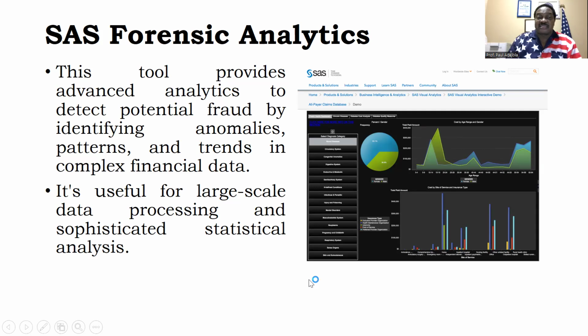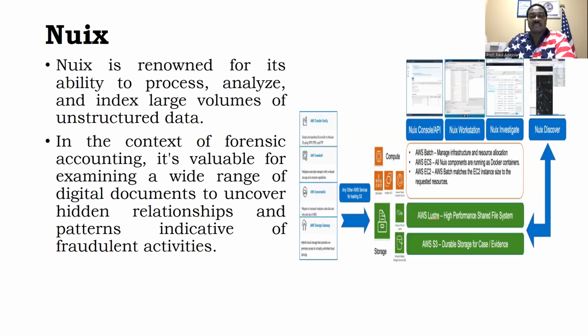This SAS Forensic Analytics is also very useful for large-scale data processing and sophisticated statistical analysis. The next one is NICS. NICS is renowned for its ability to process, analyze, and index large volumes of unstructured data. You know, in data, we have structured and unstructured. And when you have some of these data, you need to perform what is called data cleaning, data cleansing, data mining, in order to extract the one relevant for purpose of decision making.